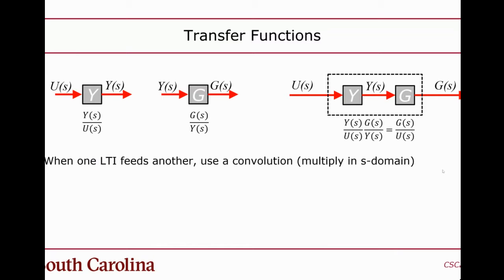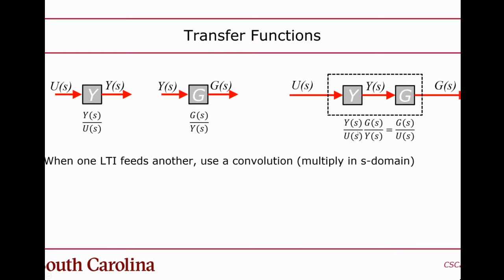Okay, so I mentioned that transfer functions can be combined together and used to compose a larger system. This is the thing that I think is really cool about this: if you want to take a transfer function and feed it an input from another transfer function, you just multiply them.